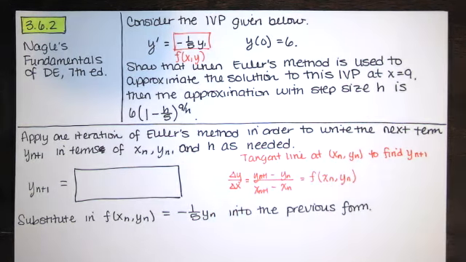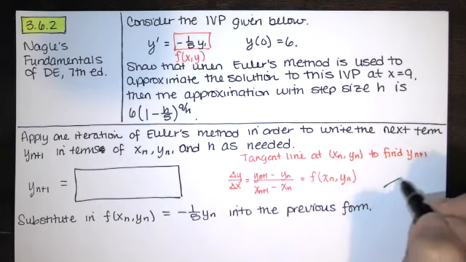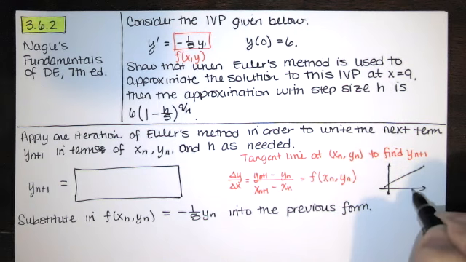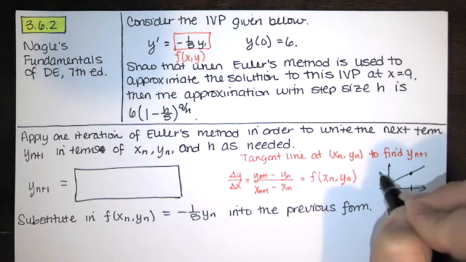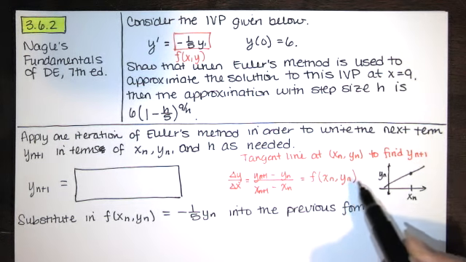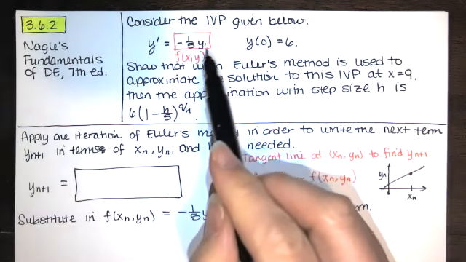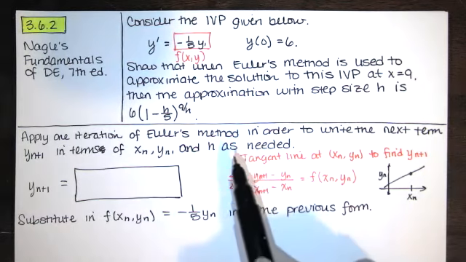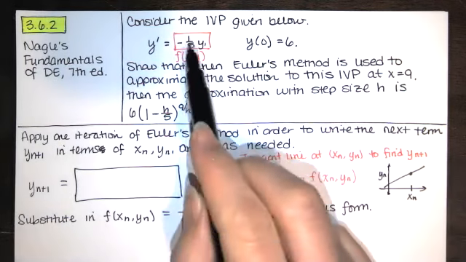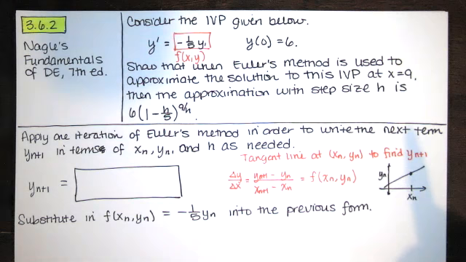So if we're looking at a graph of this, let's say after n iterations, we're right here, and this is x sub n, y sub n. Well, we draw a tangent line with the slope given by f of x sub n, y sub n, because we know that the slope of the solution curve should be given by f of x sub n, y sub n, just plugging in that point, which we know is on the solution curve, into the right-hand side of that differential equation.